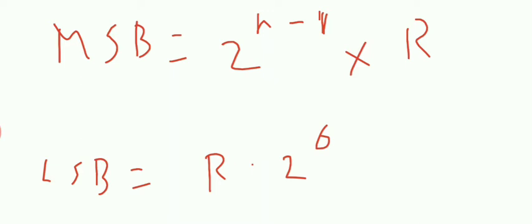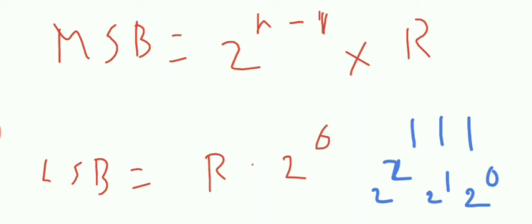Why am I using this concept? If you take any 3-bit number, the first bit represents 2 power 0, second bit 2 power 1, third bit 2 power 2. So LSB is always 2 power 0.